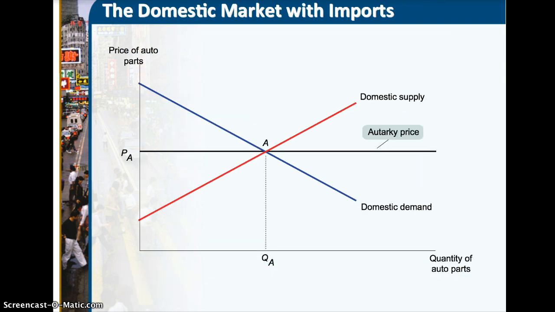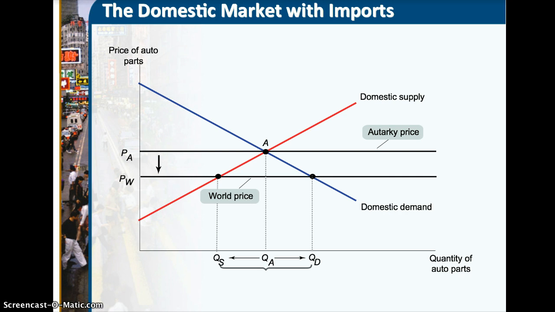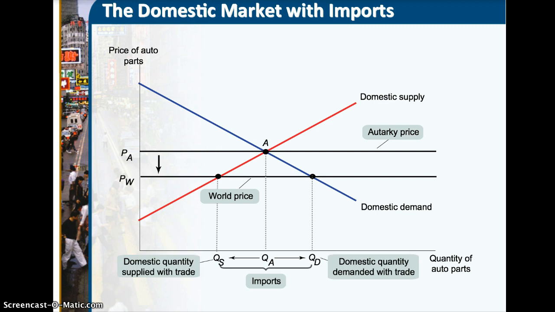Now let's look at the domestic market with imports. Here the world price of auto parts, PW, is below the autarky price of PA. When the economy is open to international trade, imports enter the domestic market, and the domestic price falls from the autarky price PA to the world price PW.